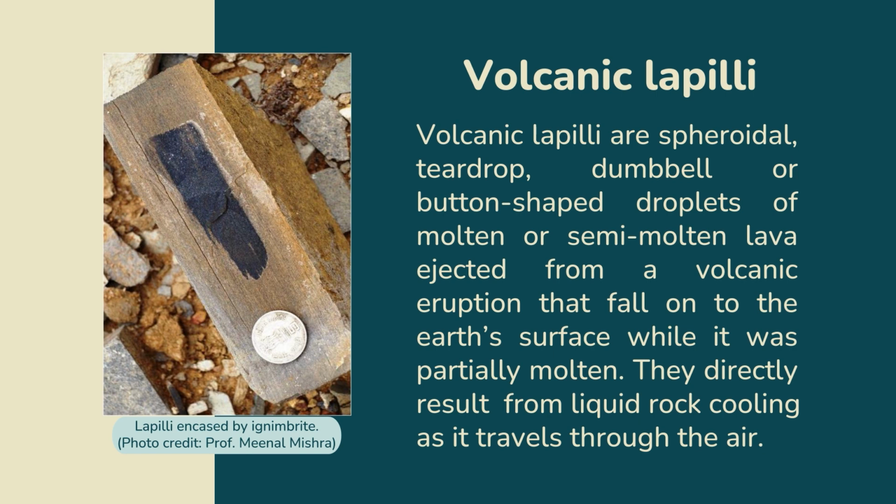Volcanic bombs are spheroidal, teardrop, dumbbell or button shaped droplets of molten and semi-molten lava ejected from a volcanic eruption that fall onto the earth's surface while partially molten. They directly result from liquid rock cooling as it travels through the air. This is the photograph of a volcanic lapilli.